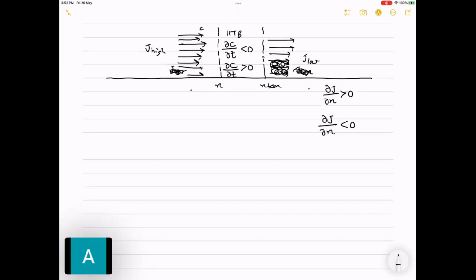Now I will take the example of my household. Suppose C denotes the number of currency notes in my house.